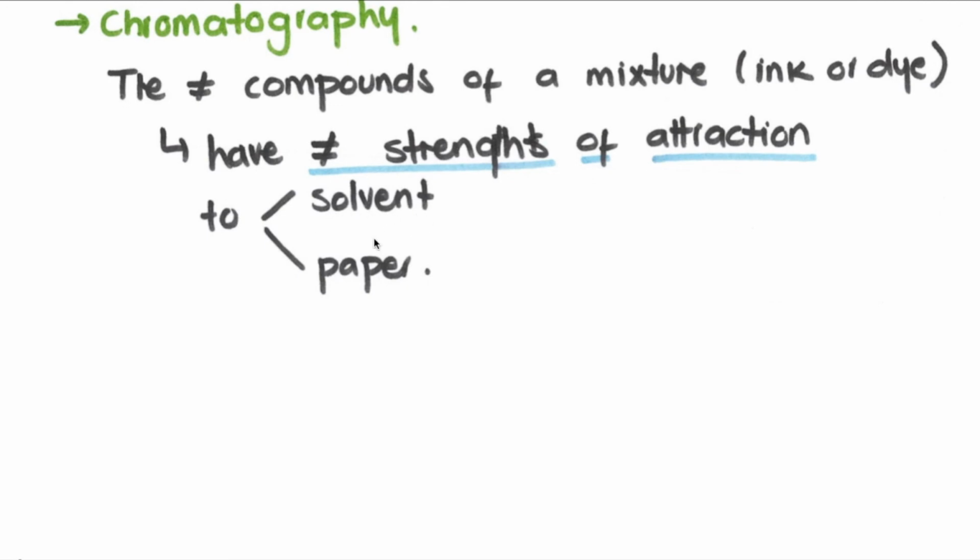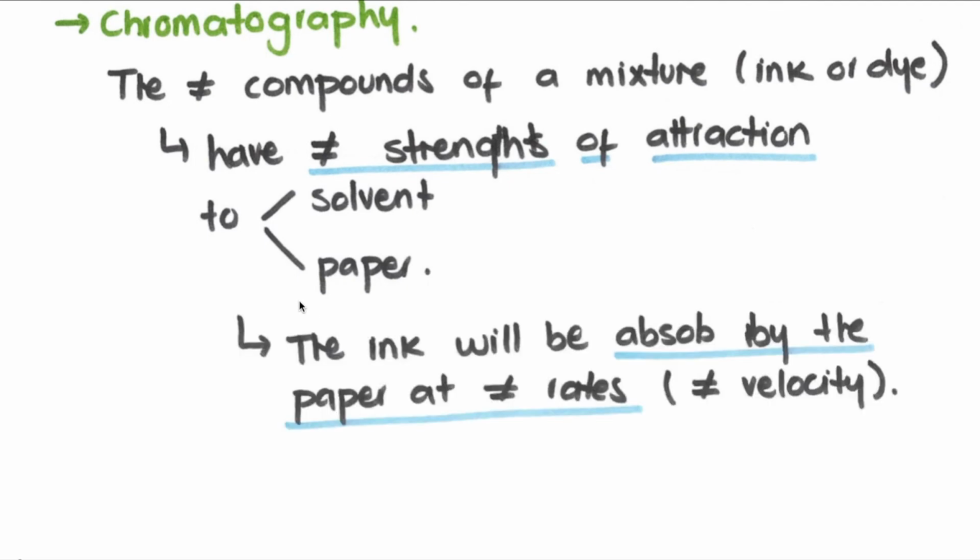The solvent being a liquid and the paper being a special paper that is used for chromatography. I'm going to post a video because it's very difficult to understand how this works without doing a prac and without having a visual. And because I'm not sure if we're going to have time to do the prac, I'm going to post a video so you will be able to see it.